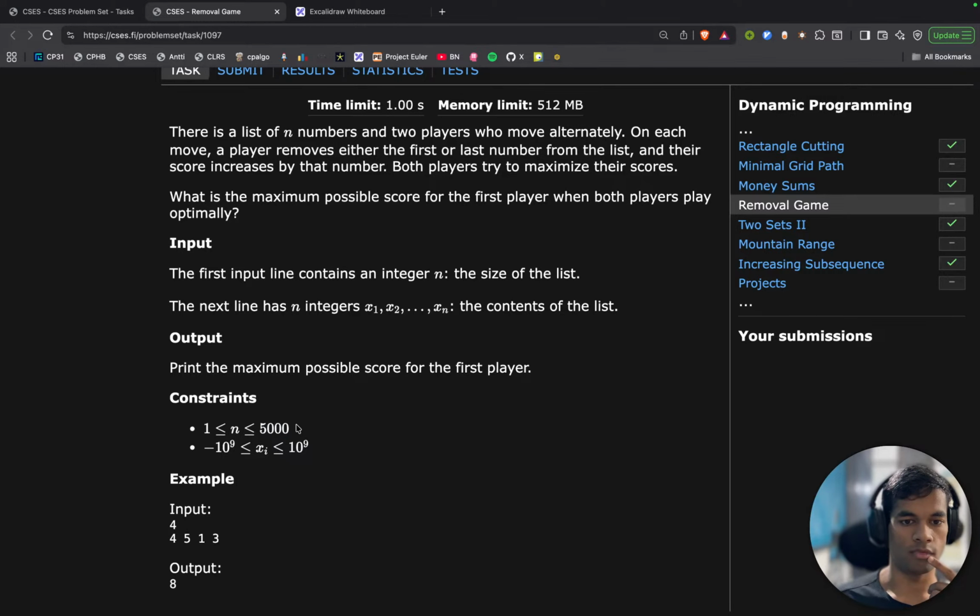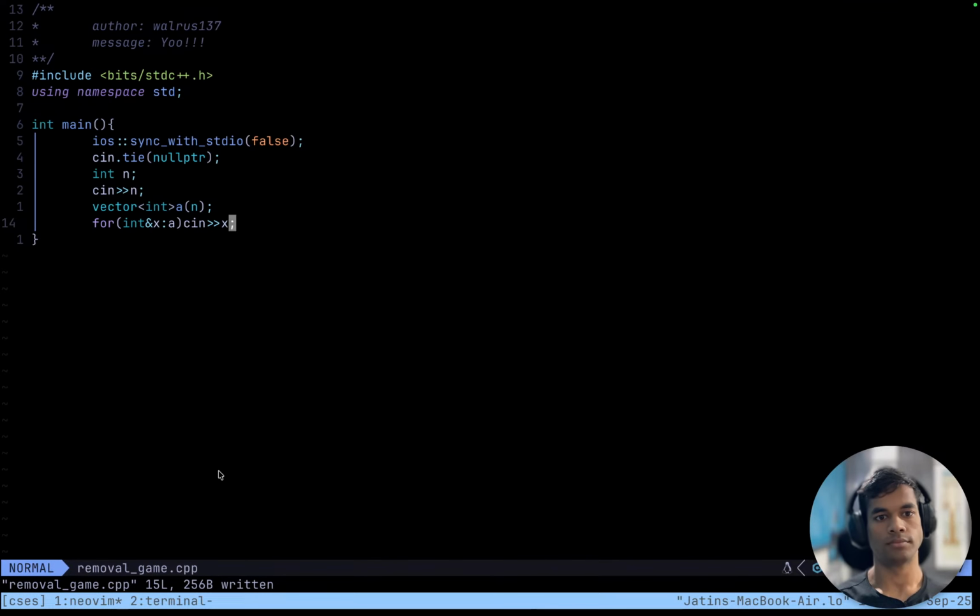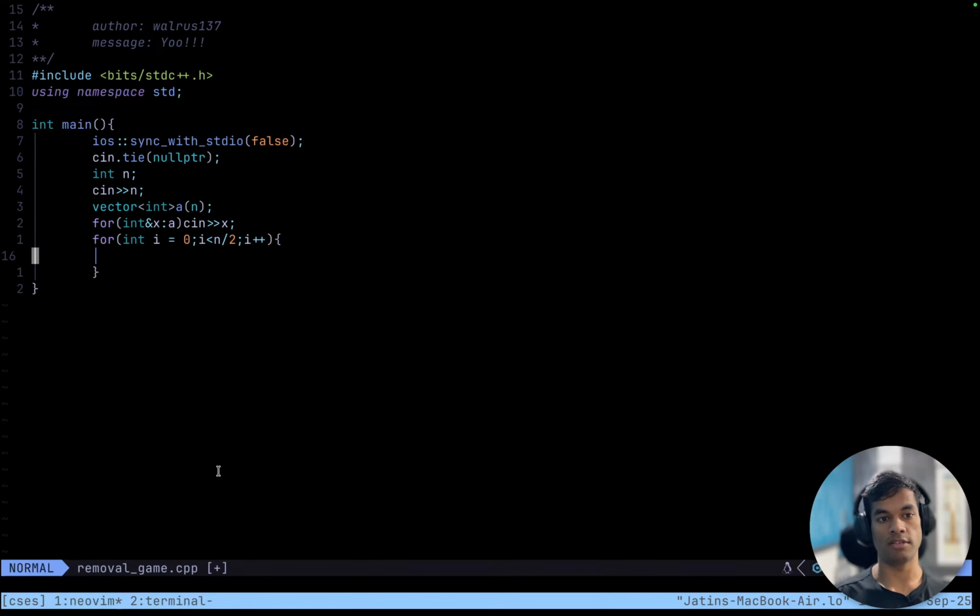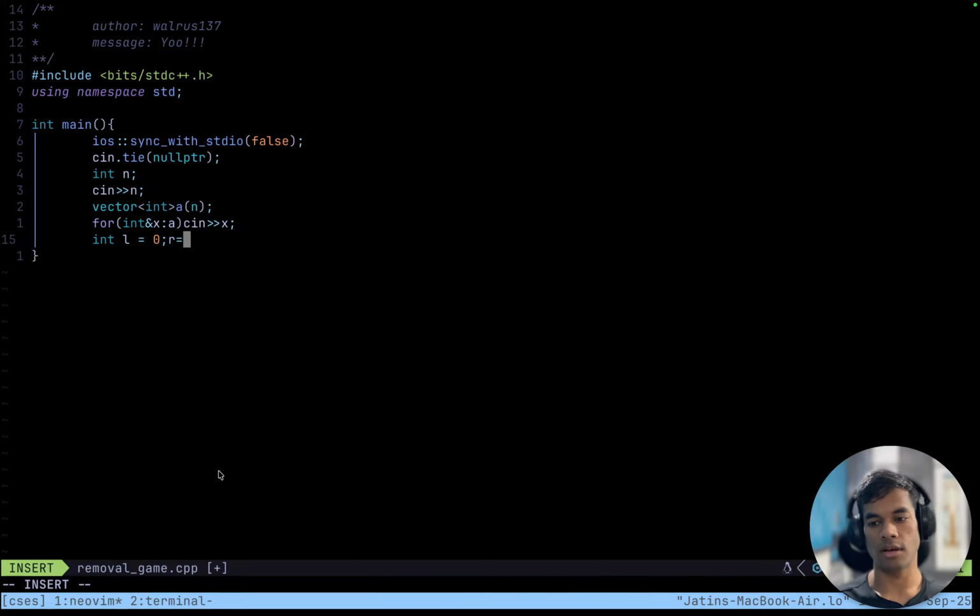And n is not very big actually. For int i equals 0, i less than n by 2, i plus plus, either I choose something from this index or from the other one. L equals 0, R equals n minus 1. L and R are pointing to the best thing I can have right now. If n is even, then they will have the same choices.